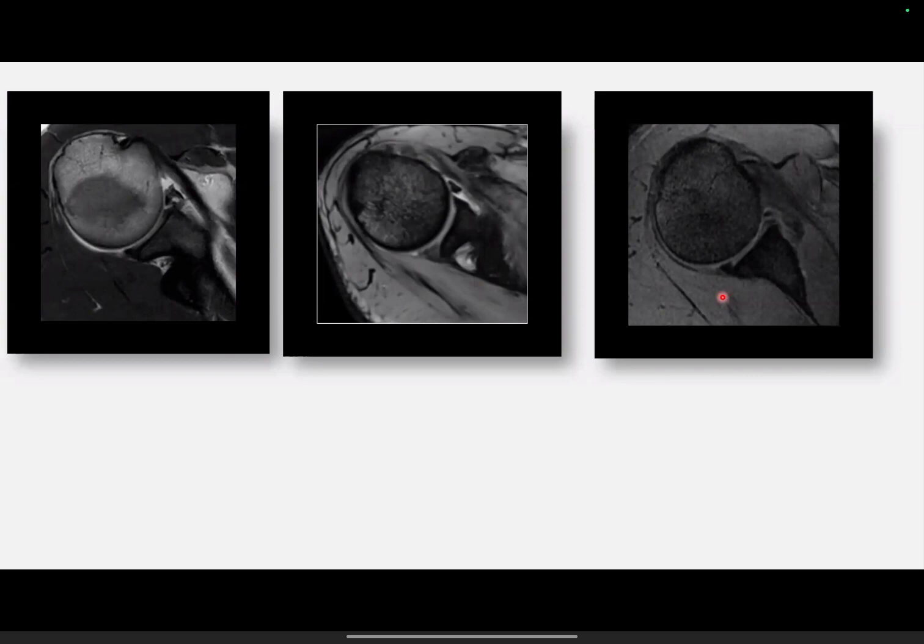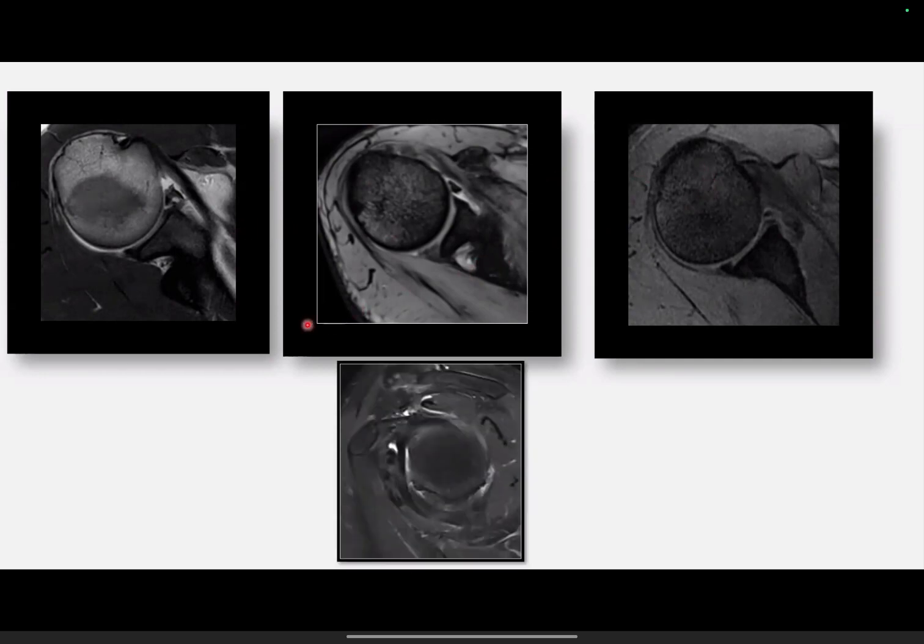Whenever any tear or signal intensity is extending beyond or below the 3 o'clock position, then it's most likely not a normal anatomical variant. And if it's between 11 and 1 o'clock, and the margins are smooth and extending towards the glenoid, then mostly it's an anatomical variant.